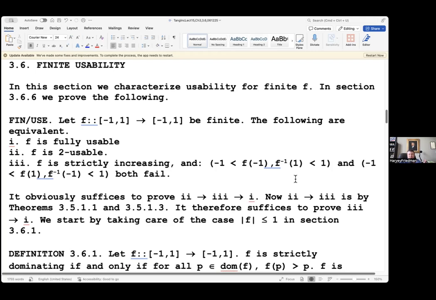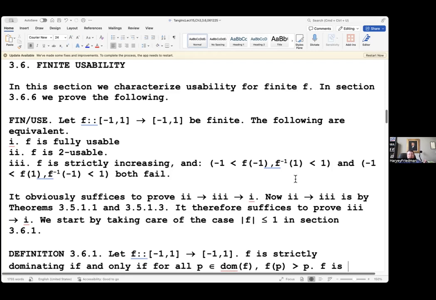F is fully usable, meaning you can use it with the Lie template. F is 2-usable, meaning in dimension 2, you can use it with the Lie template. F is strictly increasing, and this is a technical condition, that's condition 3. F is strictly increasing, and we don't have F pushing 1 up and F inverse pushing 1 back, so to speak.